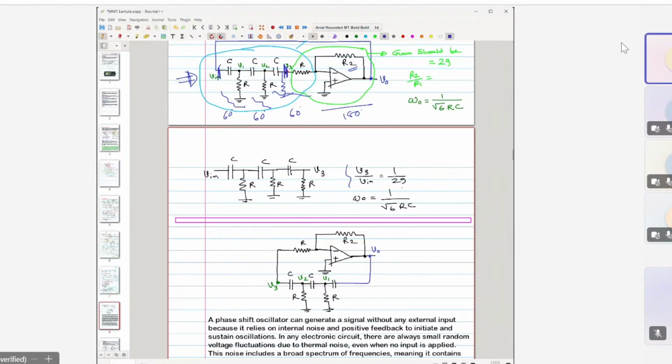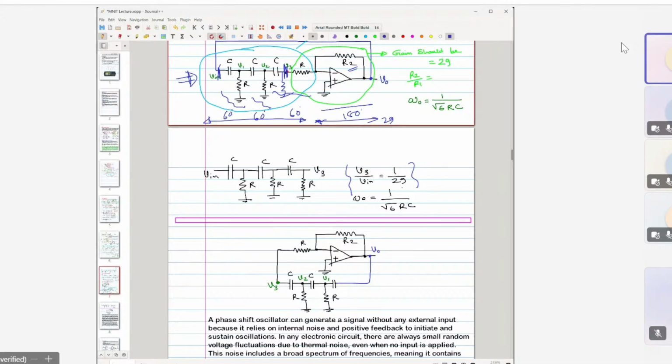If you find the attenuation, it turns out to be 1 by 29. So that means if this section is generating an attenuation of 29, then this section should produce an amplification of 29, at least 29, right, to satisfy the Barkhausen criteria.